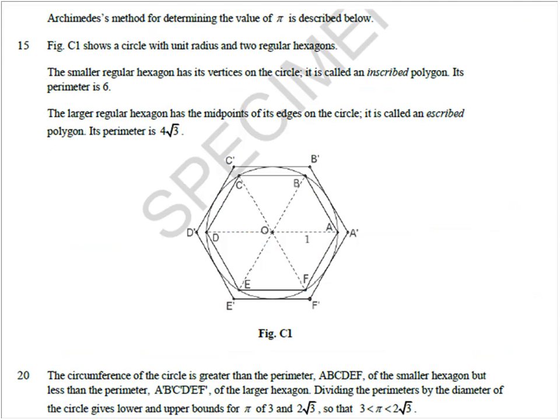He first of all starts by drawing a circle and putting a hexagon inside it and outside it. And there in lines 16 and 18, we define an inscribed and an escribed polygon. And we tell them that the perimeter is 6 for the smaller polygon and 4√3 for the larger one.